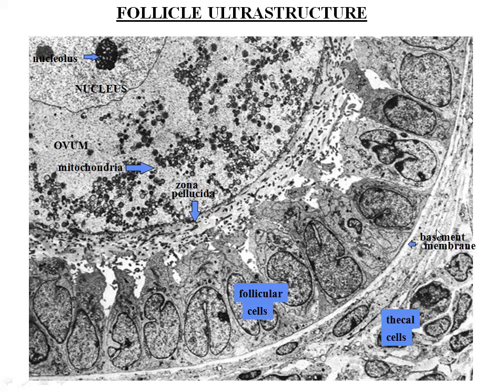Okay, and outside to this is the basement membrane, where you will find the theca interna and thereafter the theca externa layer. So yes, that confirms the presence of all that we learned.